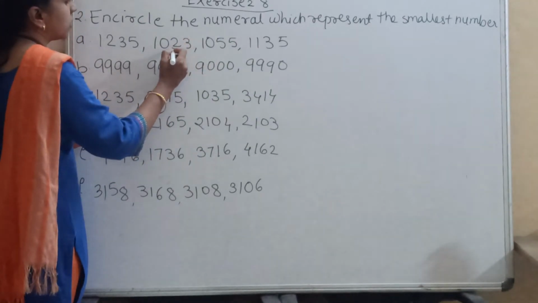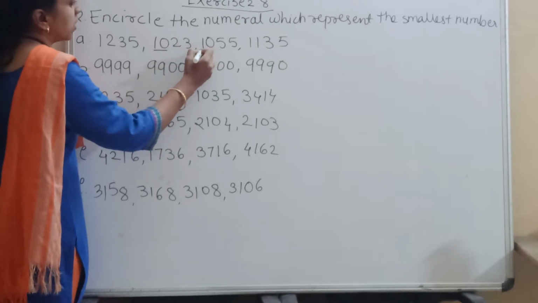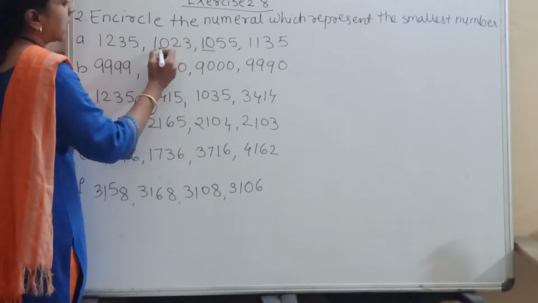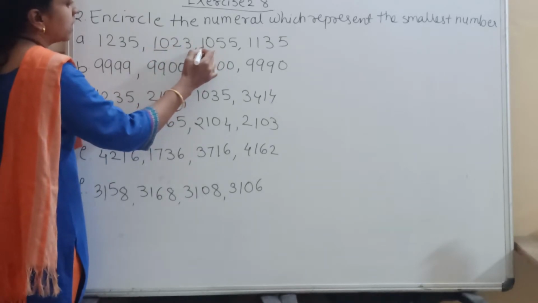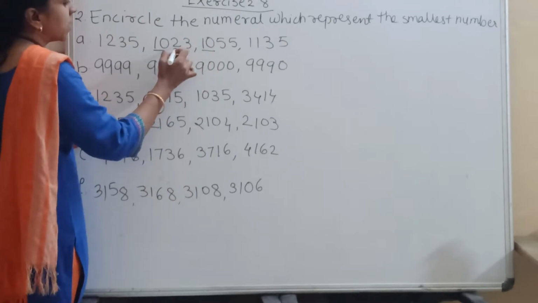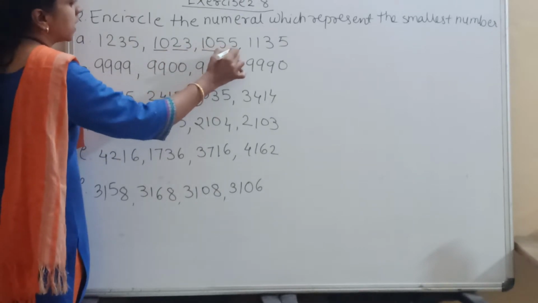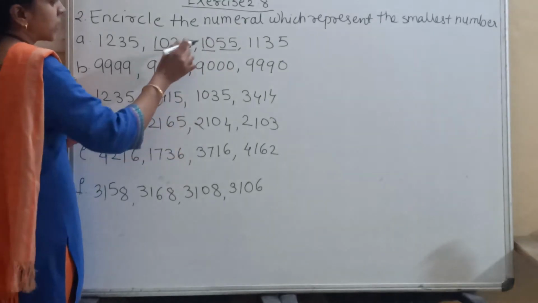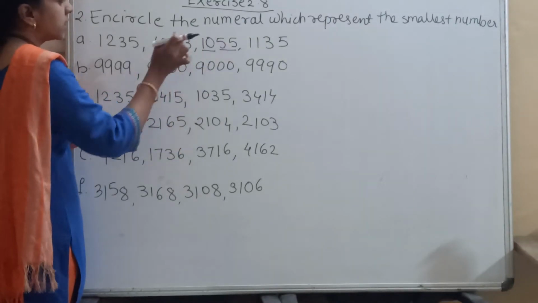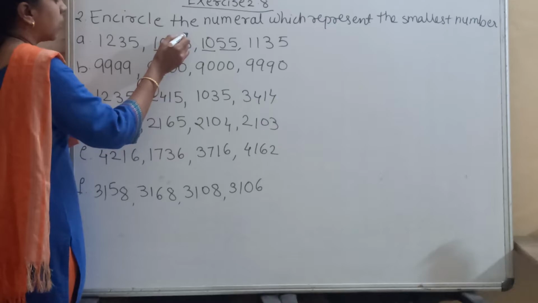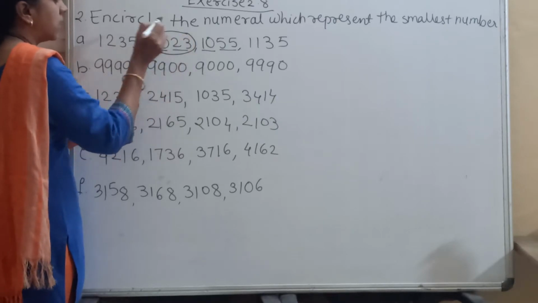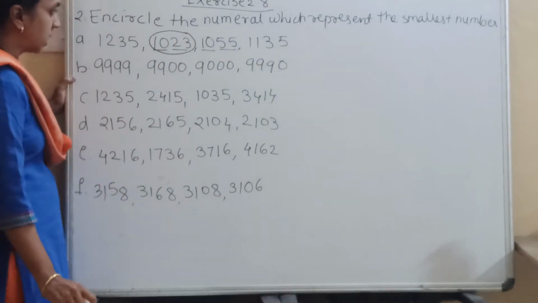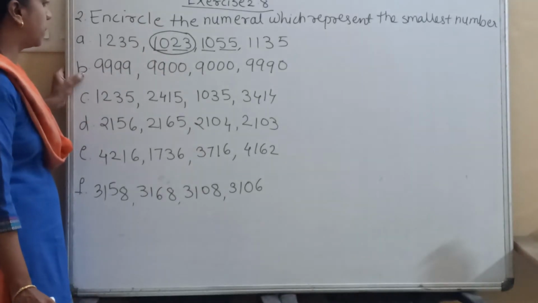See here also, the thousands place is the same and the hundreds place is the same. Now see tens and ones place, 23 and 55. So 23 is smaller than 55. So 1023 is the smaller number. Circle this number.